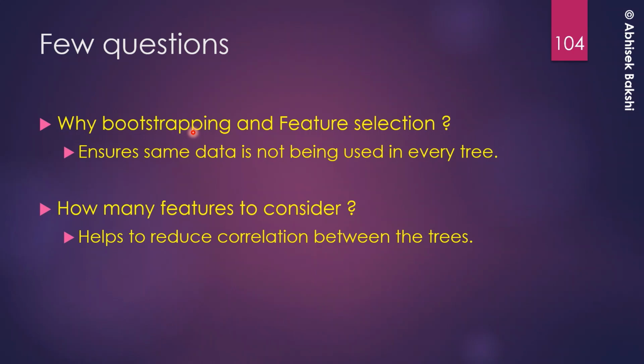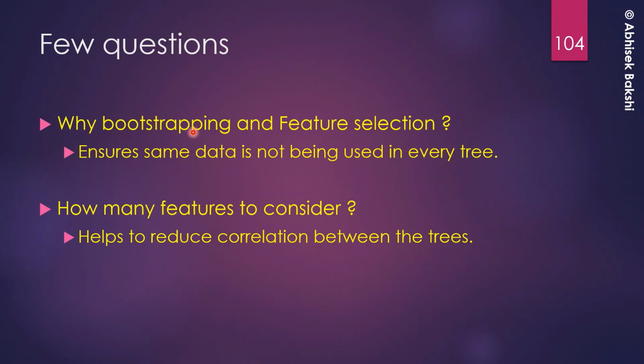Similarly, naturally the question comes of how many features to consider. Actually the question should not be how many features to consider, it should be what is the benefit of this different small subset of features we are using. It helps to reduce the correlation between the trees. Just what I said, if we have very similar features, naturally the tree is also the same.